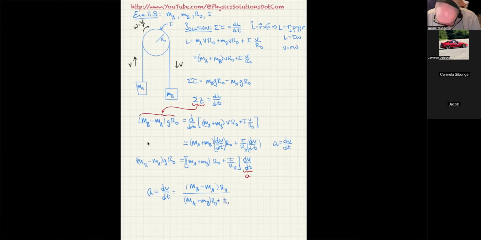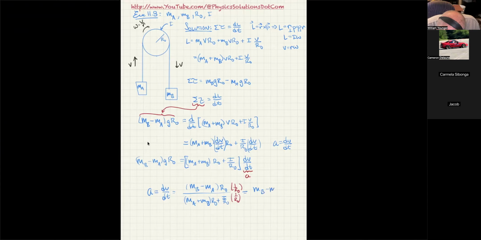And we're almost there. Now what I'm going to do is multiply by 1 over r0 on the top and bottom. So I'm going to say times 1 over r0 over 1 over r0, like that. And now when I get that, that's going to give me the following.